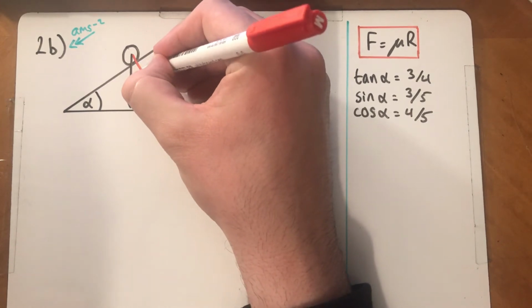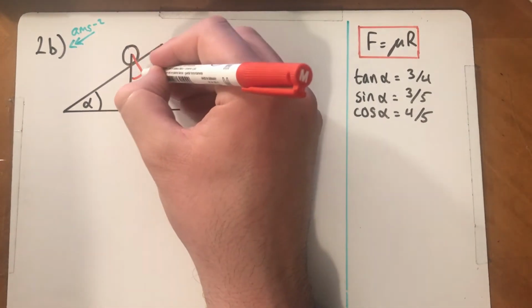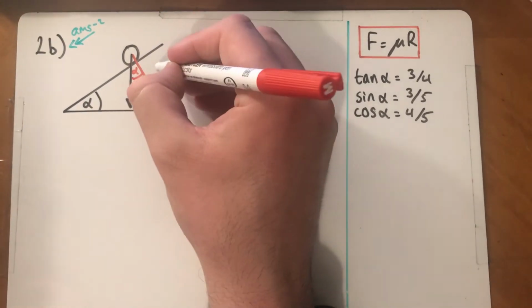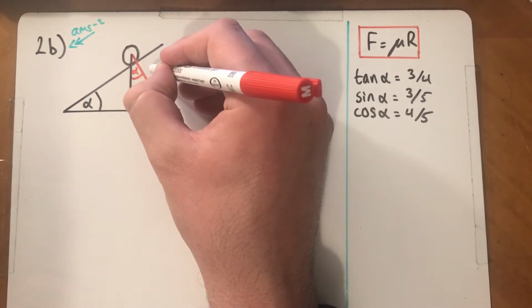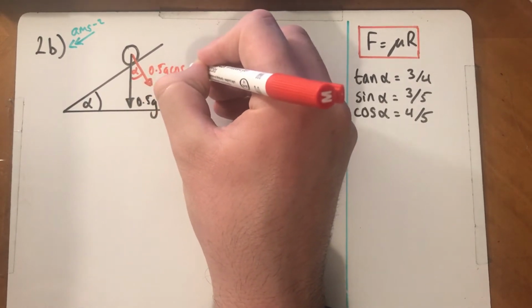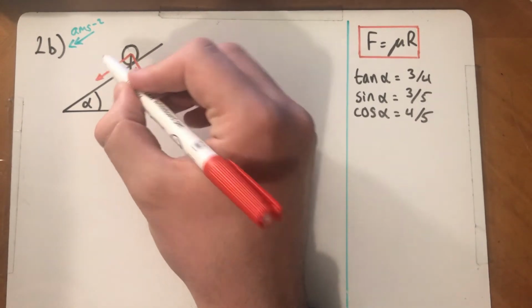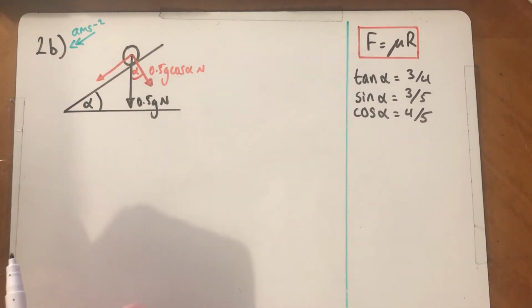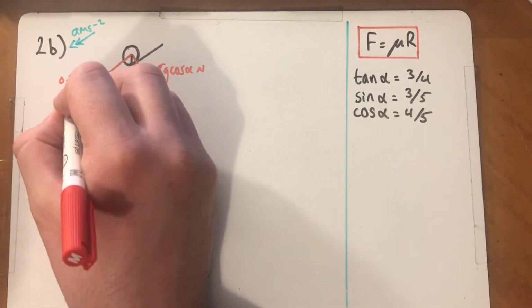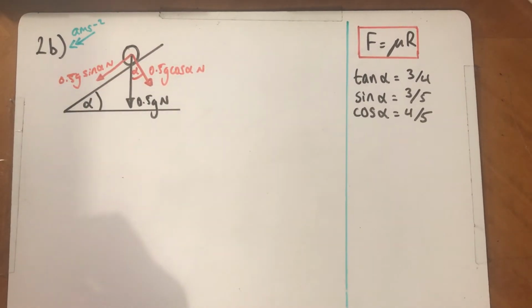This angle is alpha, and that can be proved. The force that includes the angle is cos, so this force is 0.5g cos alpha newtons, and the force that does not include the angle is sine, so the component of the weight which acts down the slope is 0.5g sine alpha newtons.